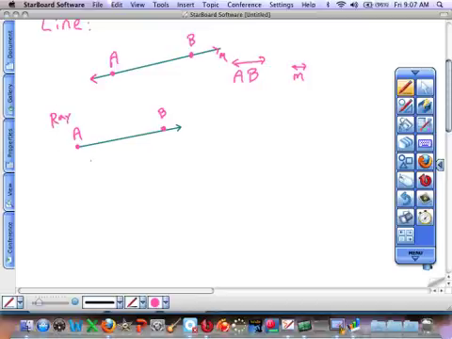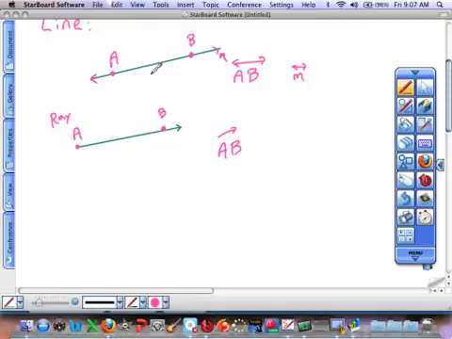A ray has a single endpoint, and again we represent that with the endpoint first. So going from A to B, we call that ray AB. So it's AB with the arrow over it. 2 arrows means a line, 1 arrow means a ray. And again, a ray is just a portion of a line. And then I can cut that line out even further by lopping off the other side of this.